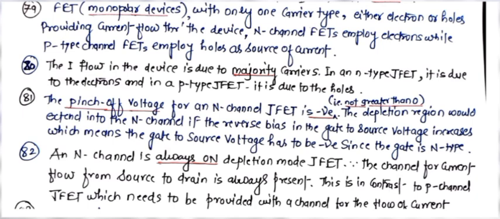In an n-type JFET, it is due to electrons, and in a p-type JFET, it is due to holes. The pinch-off voltage for an n-channel JFET is negative, that is not greater than 0. The depletion region would extend into the n-channel if the reverse bias in the gate to source voltage increases, which means the gate to source voltage has to be negative since the gate is p-type.